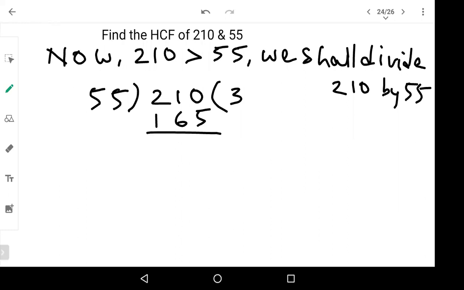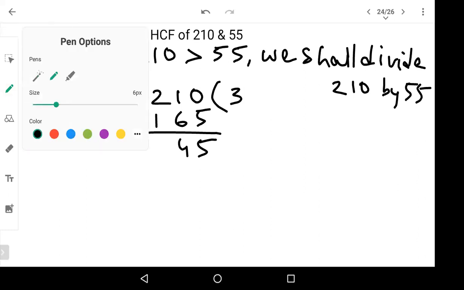Now let us subtract 210 minus 165. How much do you get? I want others also to reply. 210 minus 165, you get 45. So 45 is the remainder in the second step.